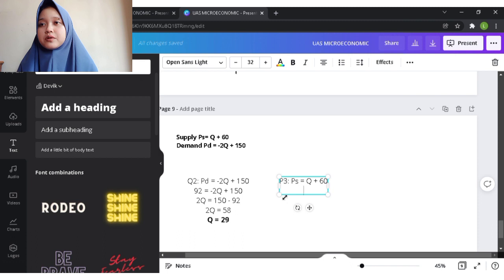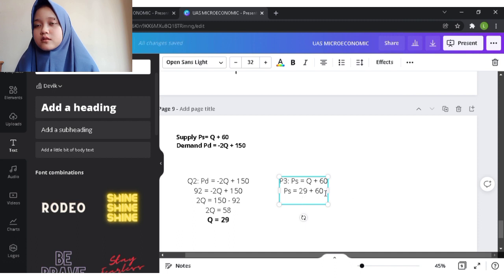PS equals Q plus 60, and we use Q3, which is 29, plus 60. So we get PS is 89. So we get P3 is 89.